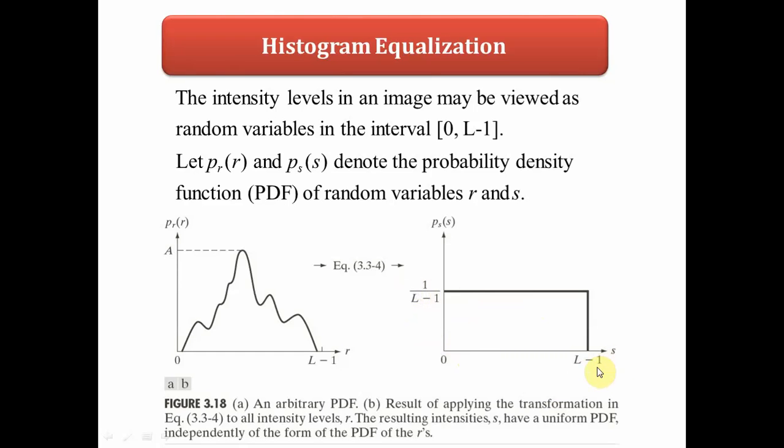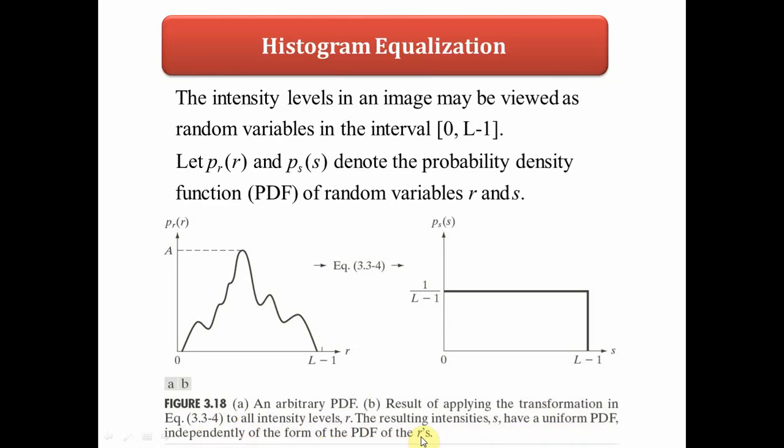Now this should be the effect of histogram equalization. The result of applying the transformation to all intensity levels is that the resulting output intensity s has a uniform PDF, independently of the form of the PDF of r.